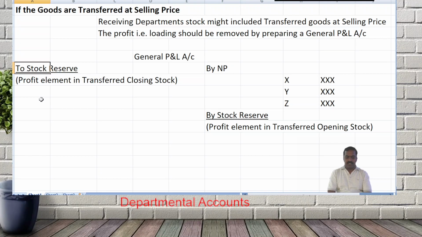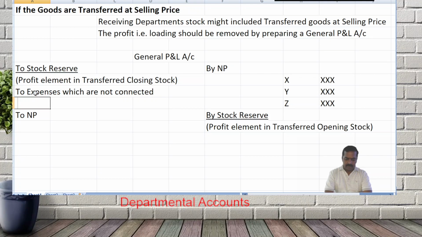"To stock reserve" is the profit element in which stock? Closing stock. Then to net profit. Wait. Here, some expenses which are not connected to business activity will be charged in the general P&L.